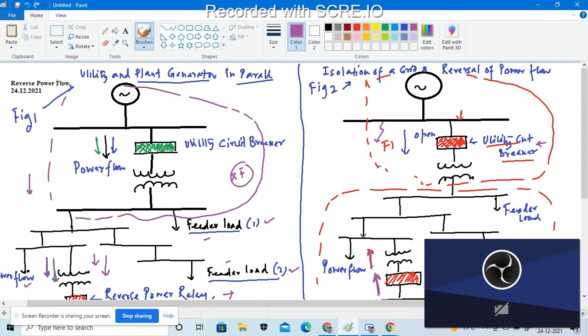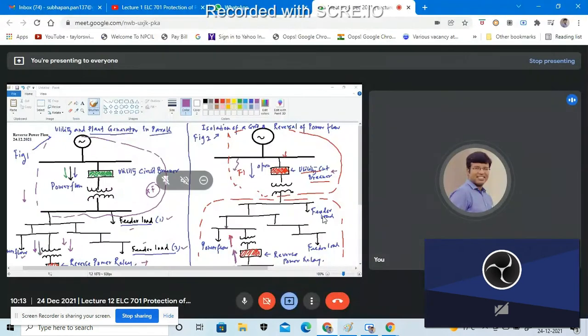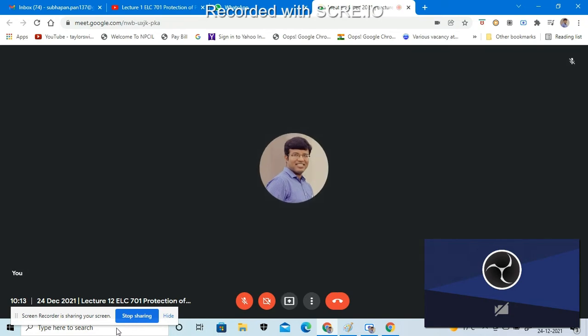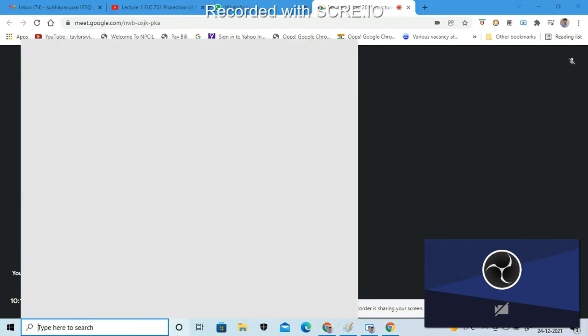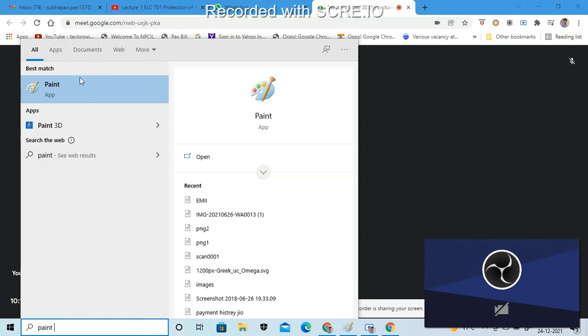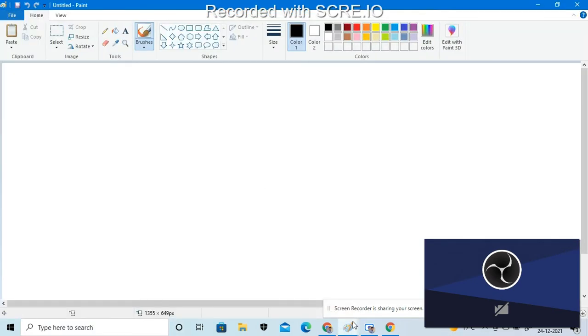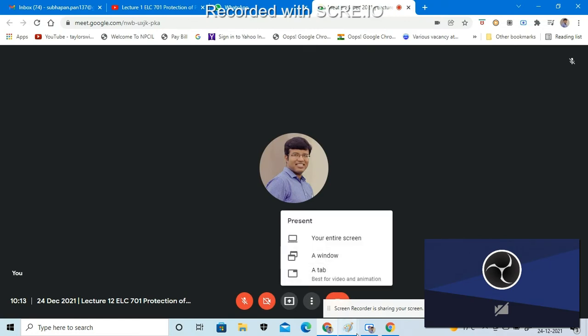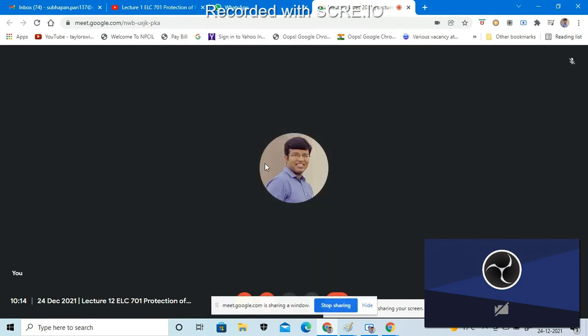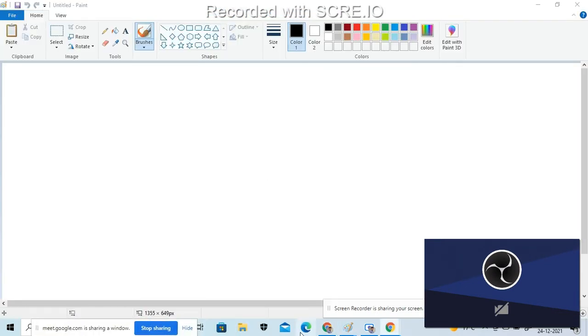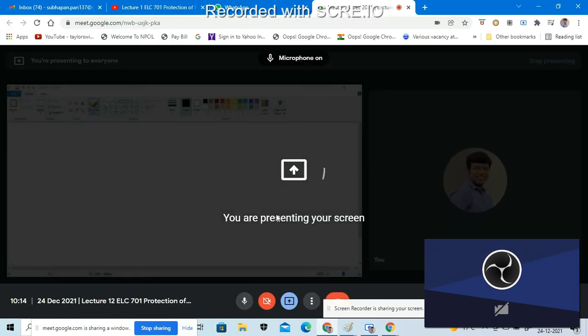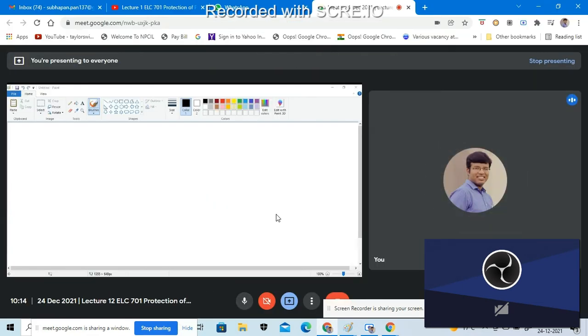So for that, I will stop this particular screen share and share another screen, a new paint, so that you are able to see. I think the new screen is visible.